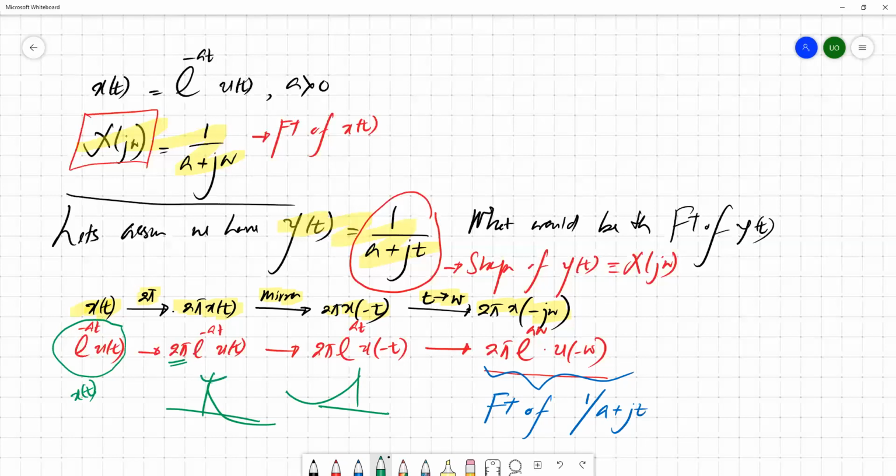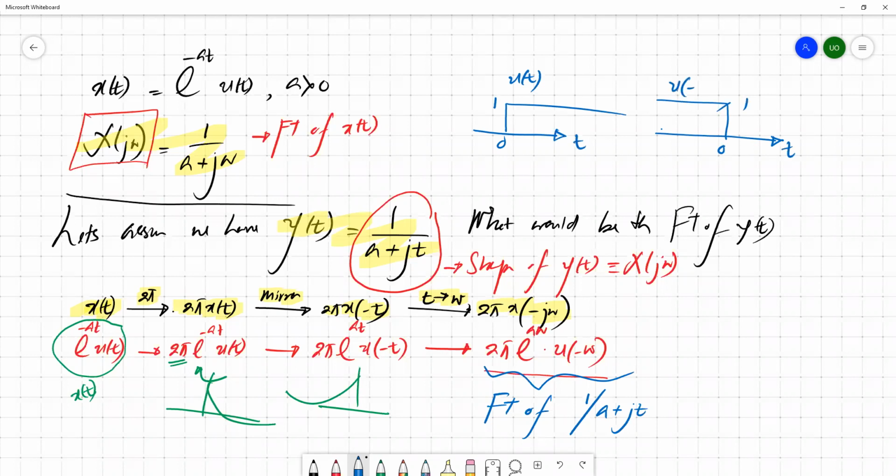Once it's mirrored, it's something like that. So let's take the mirror of this. u minus t is a mirror of ut. This is your ut, the unit step: 0, this is 1. And u minus t is something like that.